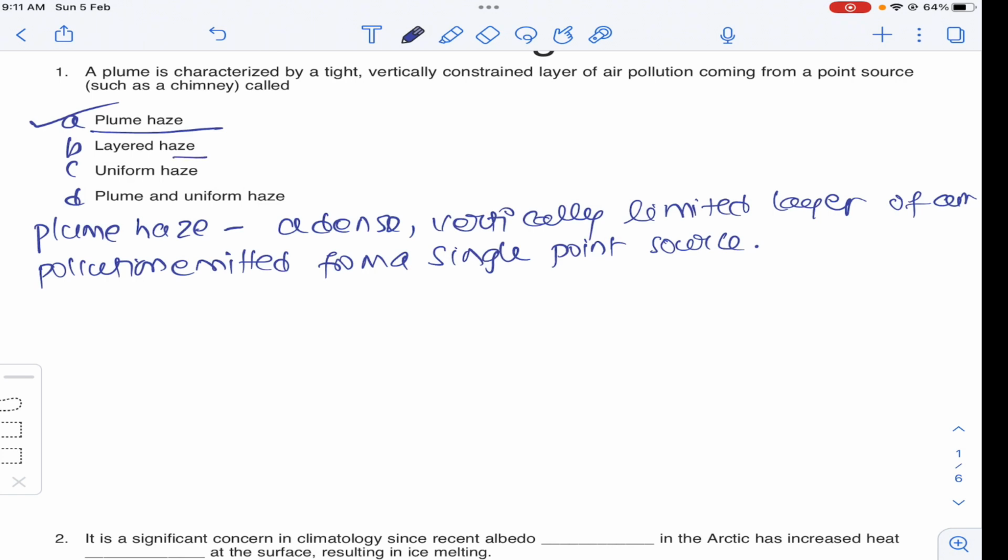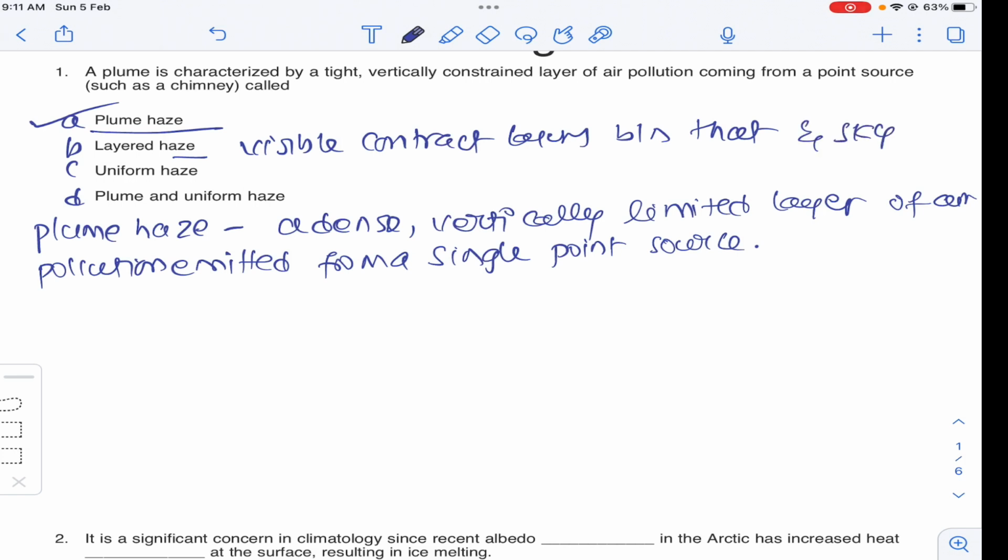And layered haze means it is a confined layer of pollutants that creates visible contrast between that layer and the sky or landscape behind it.